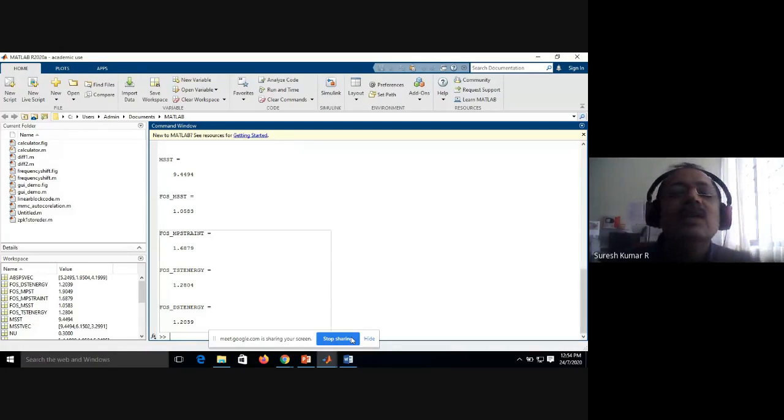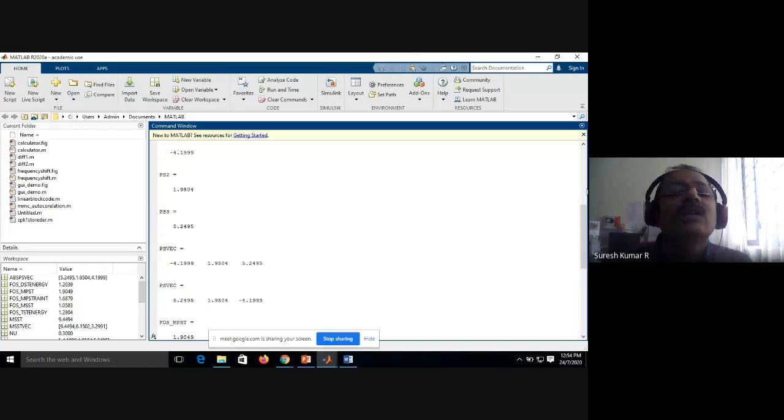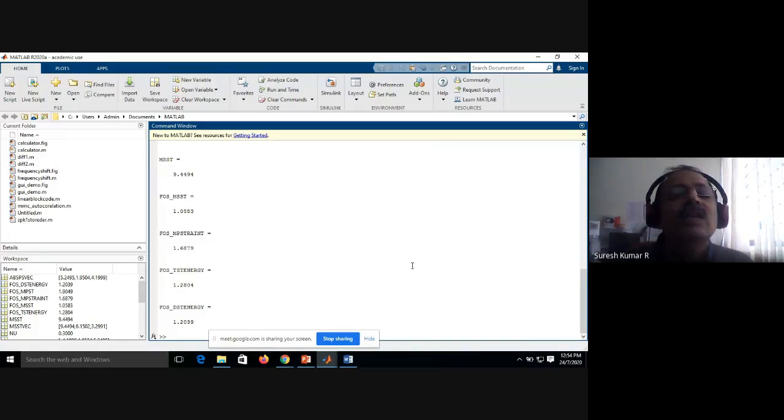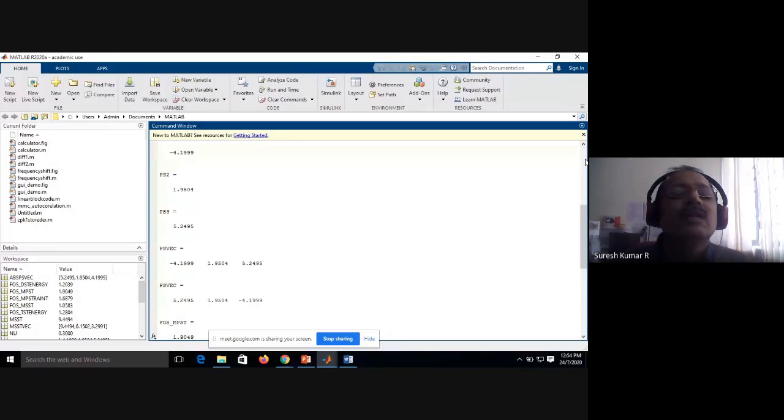So you can see here, the stress tensor, whatever I had shown you earlier, and the principal stresses we have, PS1, PS2, and PS3, and then we have to arrange them in order. You see here, it is arranged in descending order.